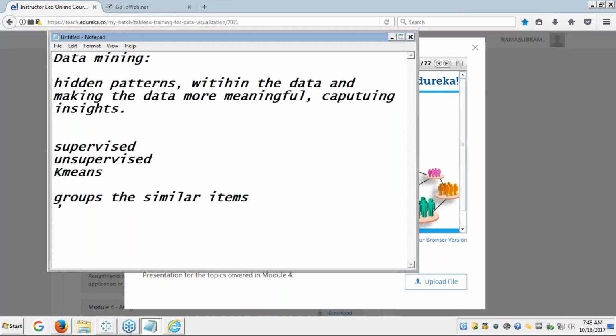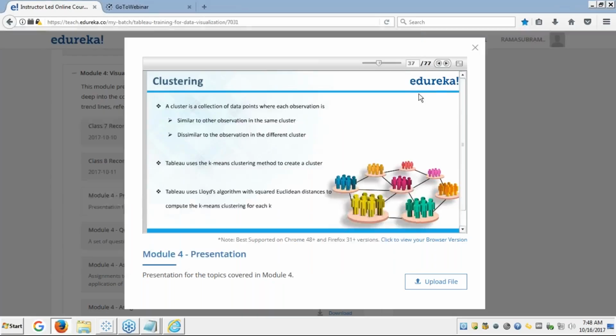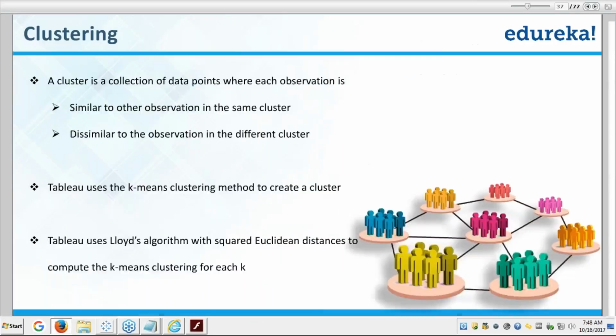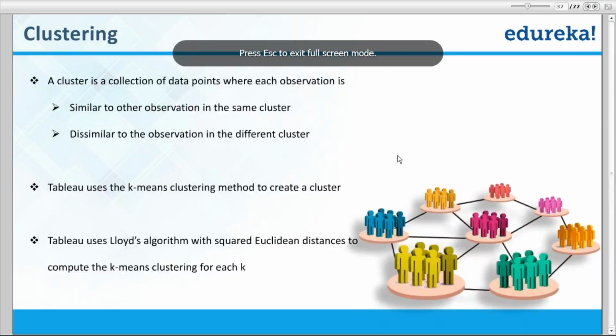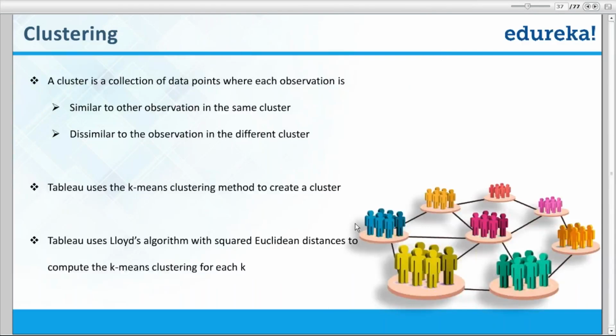It groups the similar items based on the trends or patterns we give it, and makes them fit together. That is what unsupervised data mining means. It groups similar items based on a central point, and based on your characteristics, it mines the data and gives you the result.